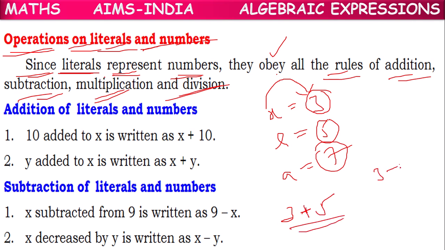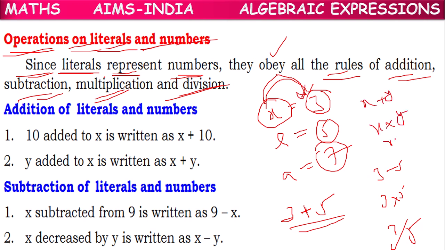We can add, subtract, multiply and divide normal numbers. In the same way, we can add two variables, multiply two variables, divide them, subtract them. We can do all mathematical operations which are possible with numbers, with variables also.